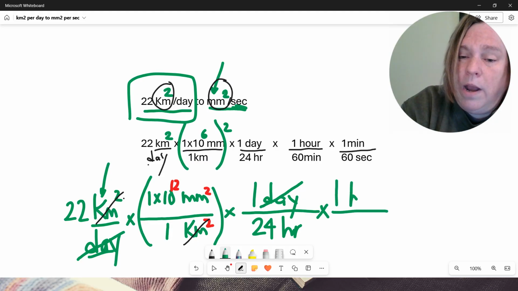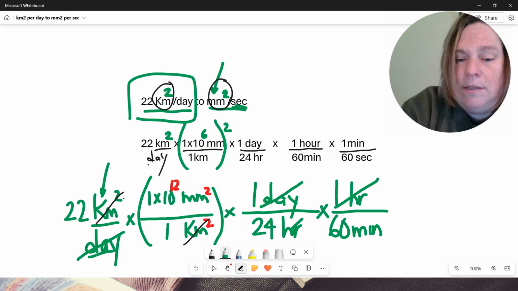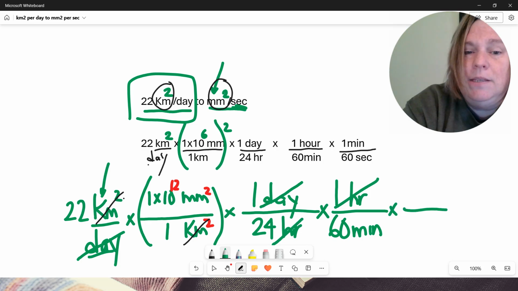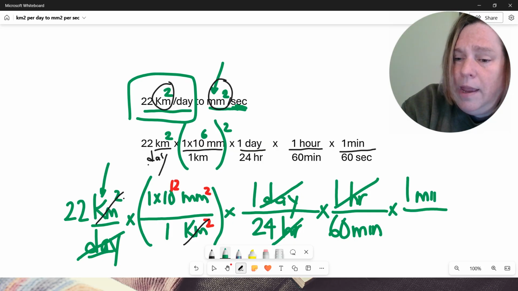For every 1 hour, there are 60 minutes. And notice hour crosses out with hour, and we are not done. We've got to get to second. So 1 minute has 60 seconds. And again, the unit minute crosses out with the unit minute.